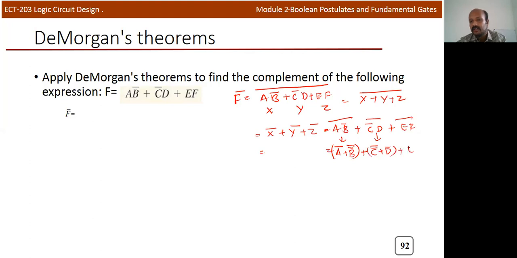Plus here e bar plus f bar. And you can simplify it: a bar plus b, double negation means b, plus c plus d bar plus e bar plus f bar. Okay.